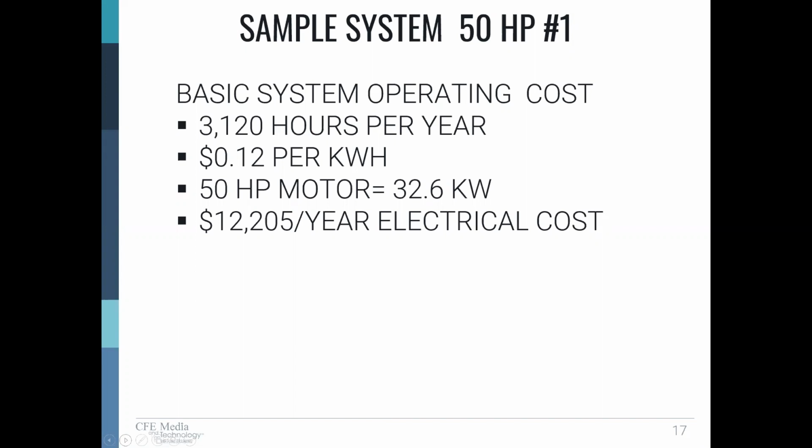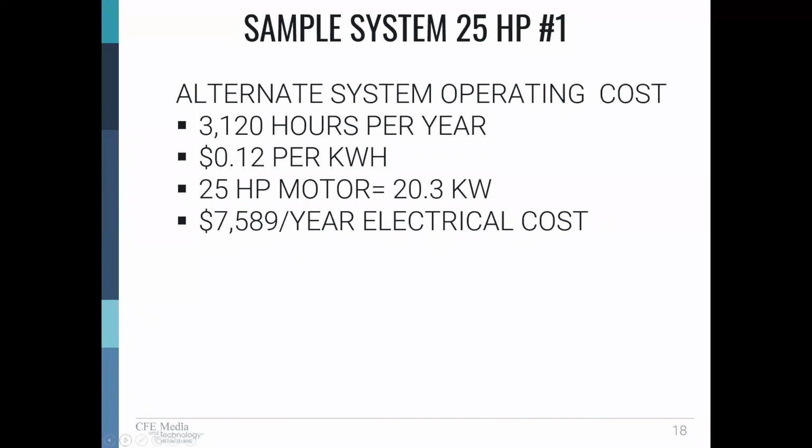We're basing our calculations at 12 cents per kilowatt hour, which is pretty low for high concentrations in metropolitan areas. But I think 12 cents a kilowatt hour is pretty typical for smaller residential and light industrial, less urban areas. So the 50 horsepower motor, which has a total operating load of 32.6 kW, will run $12,205 per year in electrical cost. The alternative system, which is the 25 horsepower system, we have the same number of hours per year, 3,120.